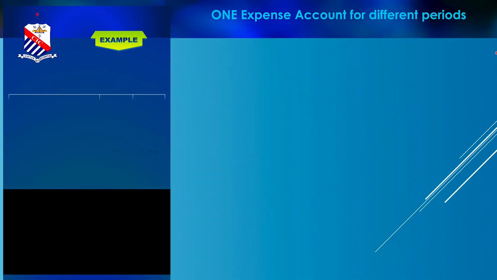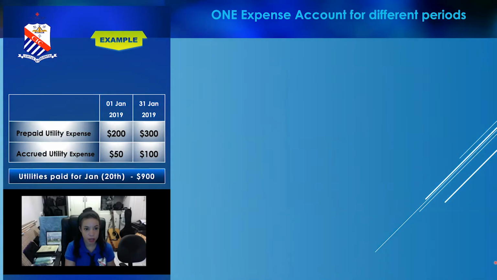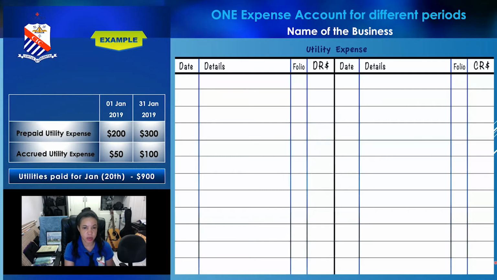Okay, so we have our example here, which would be our expense is a utility expense, and like with any other format, you start with the name of the business and the name of the expense account, which in this case is utility expense, and you do your T account with your debit and credit side, date, details, folio, debits, date, details, folio, credit.